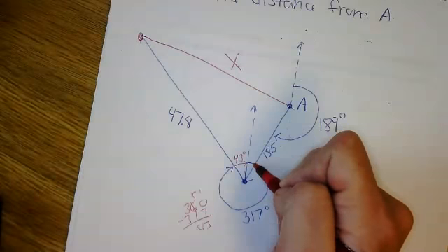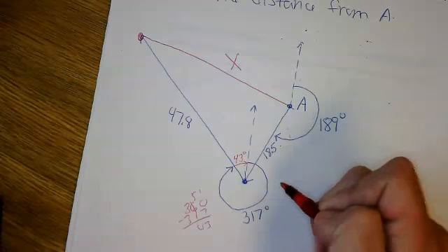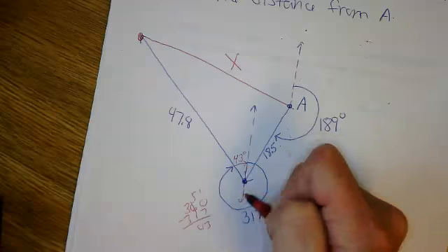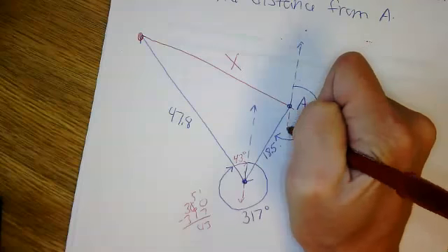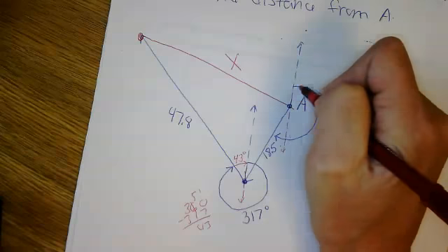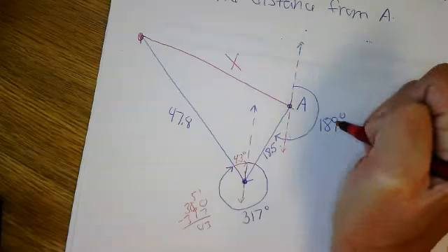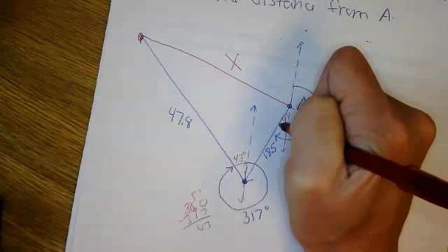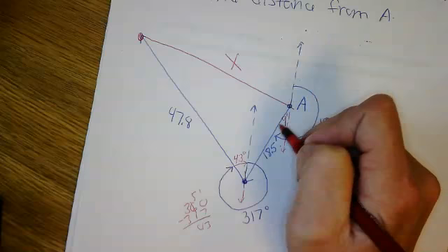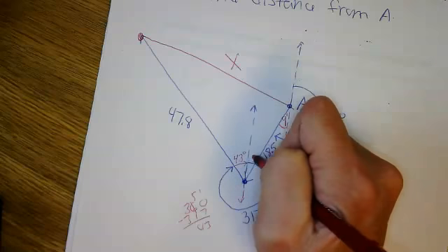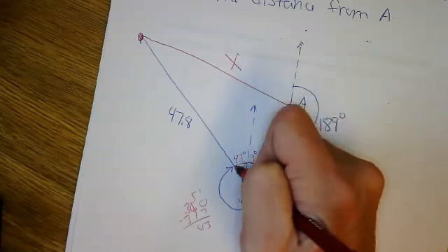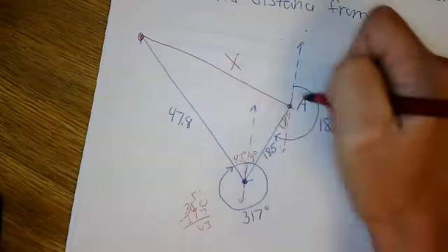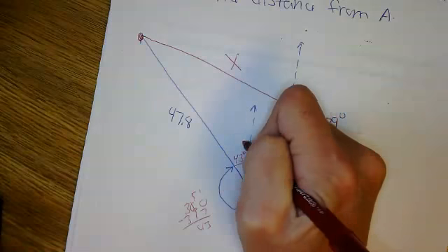This side of it can be found with alternate interior angles by extending this and extending this. So remember, it was 180 up to this line, and we went 189. So this angle right here is 9 degrees. So if I alternate interior it, the 9 comes in here. So this angle in my big triangle now is 52 degrees.